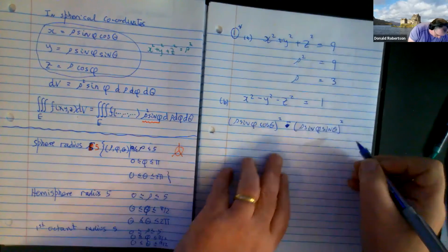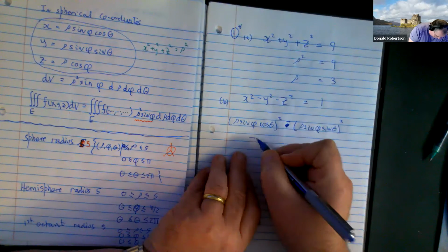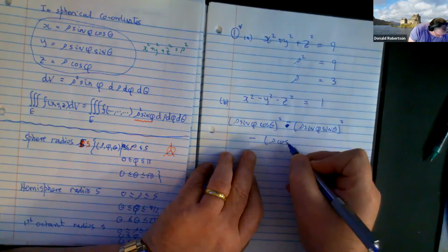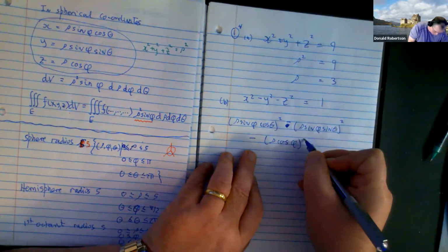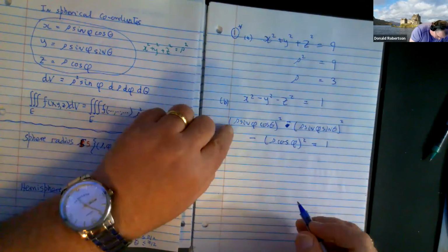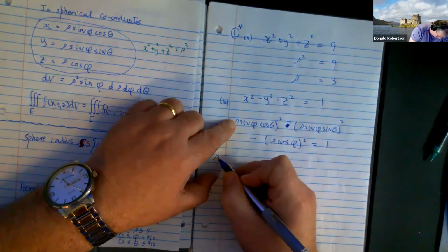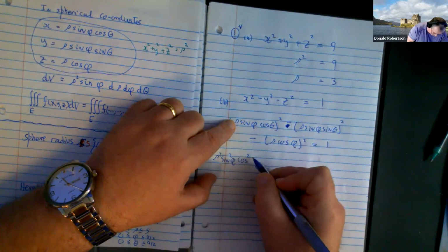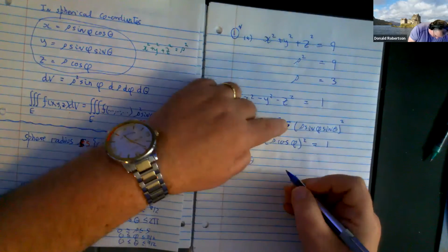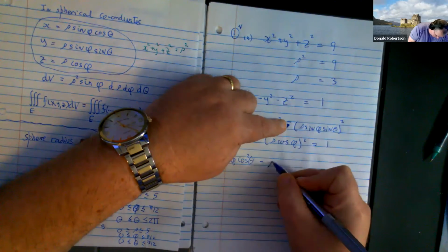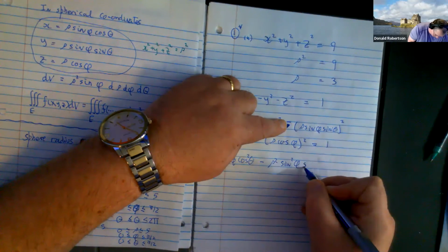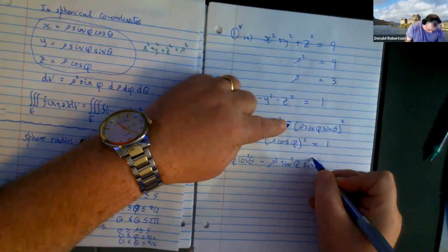Take away rho cosine phi, squared, and the whole thing's going to equal 1. Right, if you take that guy, you've got a square, a square, a square. Take away this guy, you've got a square, a square, you get a square.